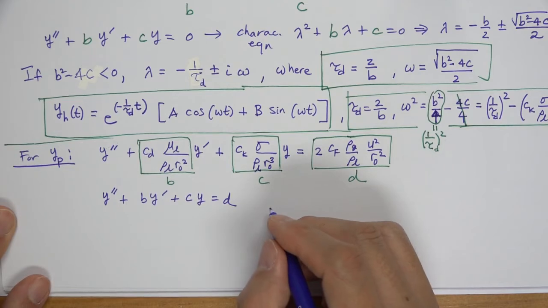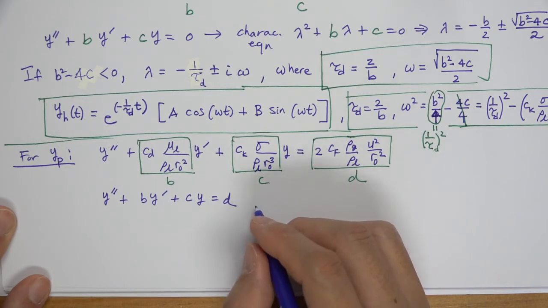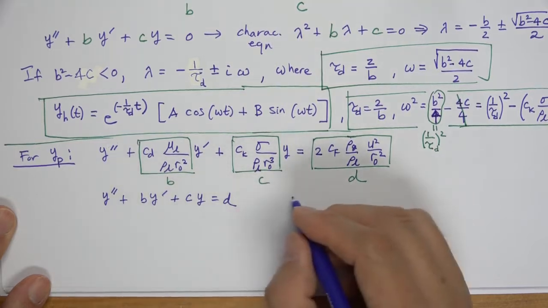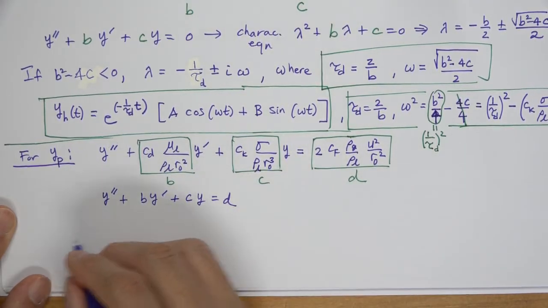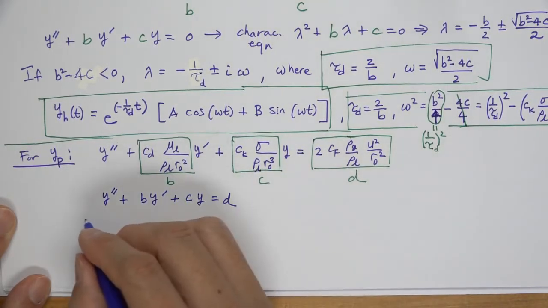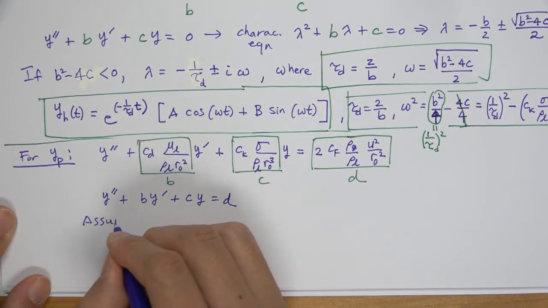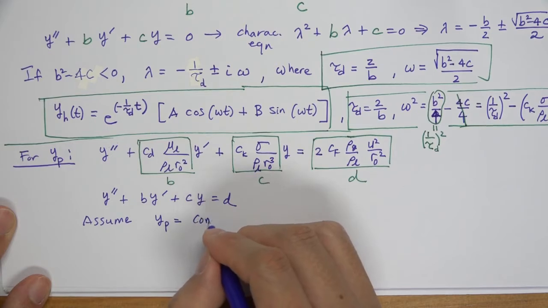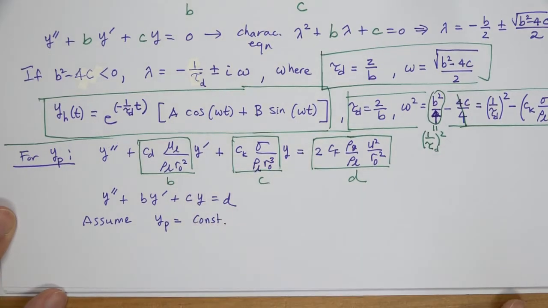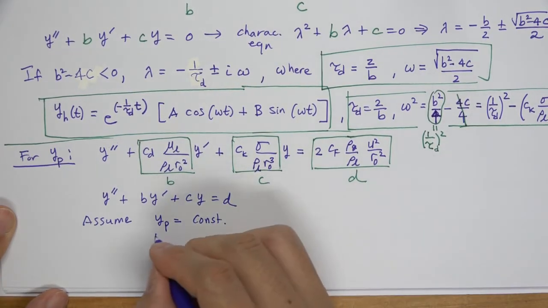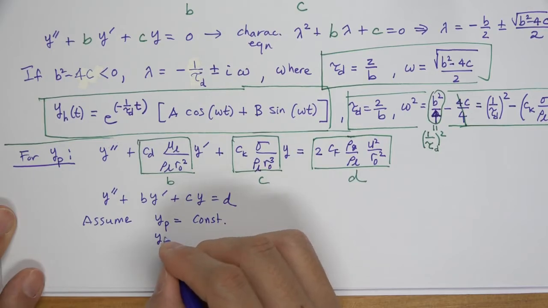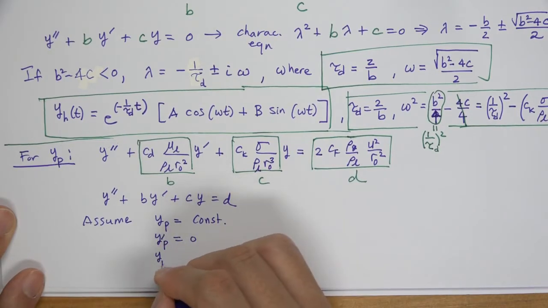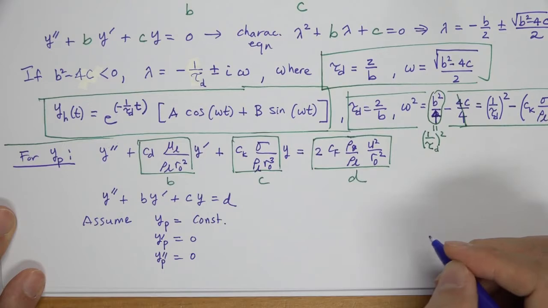Now assume that y particular solution is some constant. I don't know what that constant is. Then I know y prime is 0, y double prime is also 0.